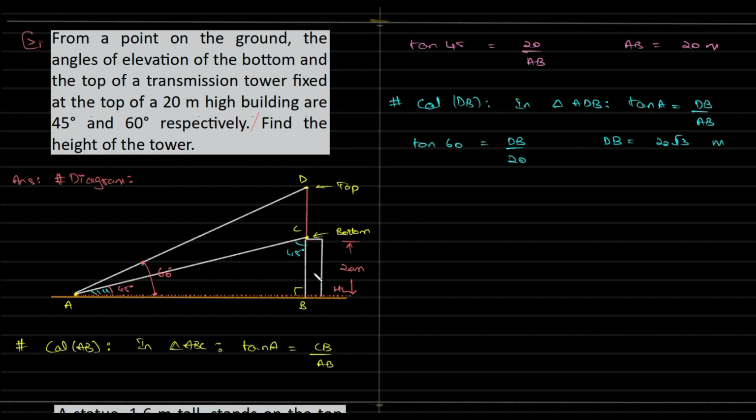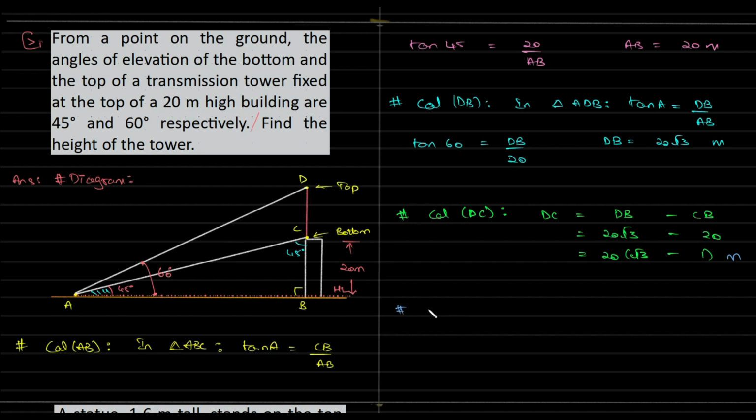Now all we have to do is find DC. DC is equal to DB minus CB. DB is 20 root 3 and CB is 20. So this is 20 times root 3 minus 1 meters. Done.